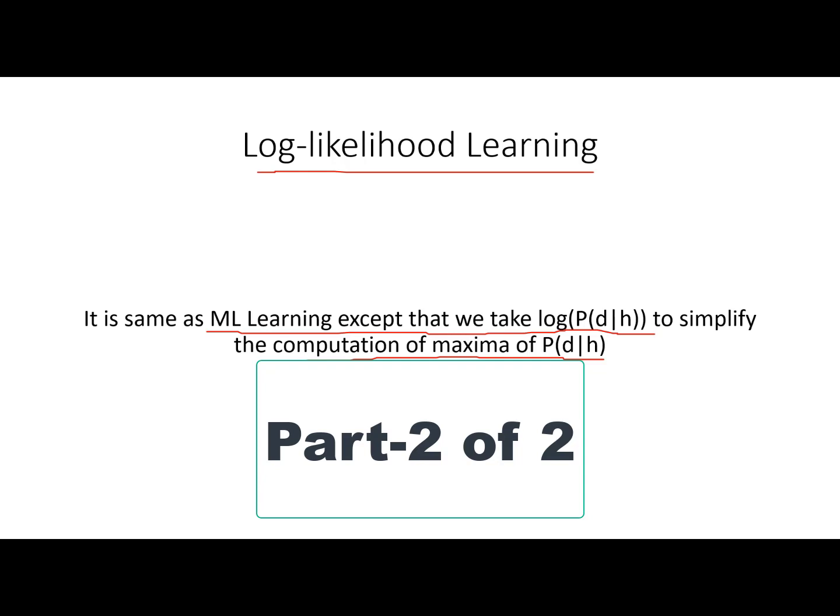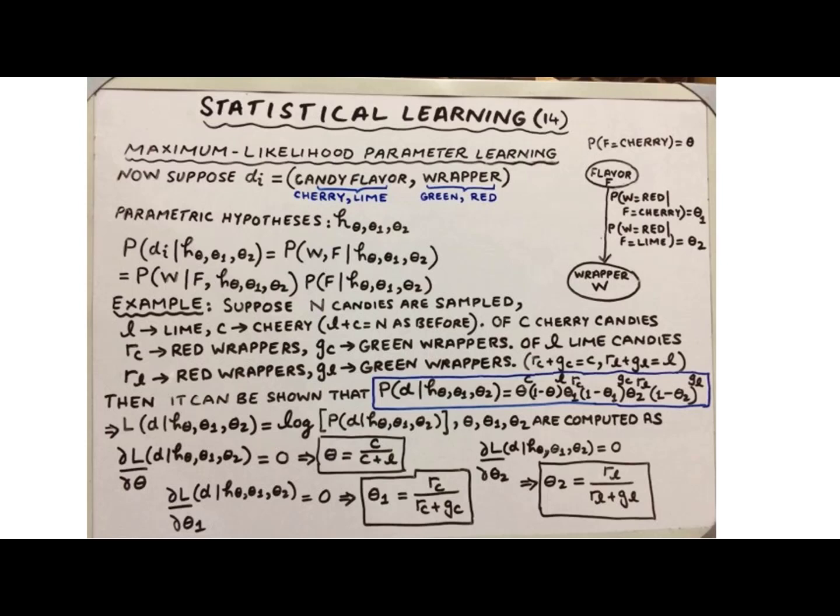Let us reimagine the same candy experiment by adding another component to the data point, which is the candy wrapper. So now our data point has two attributes. One of them is the candy flavor, which was cherry and lime as previously described, but the new one is the wrapper, which can be either green or red.